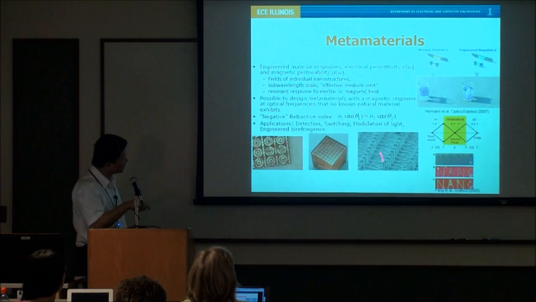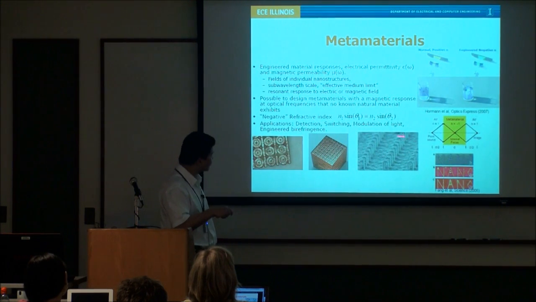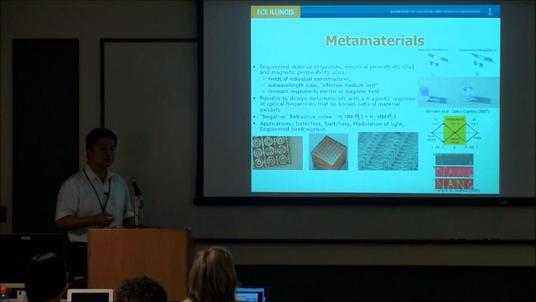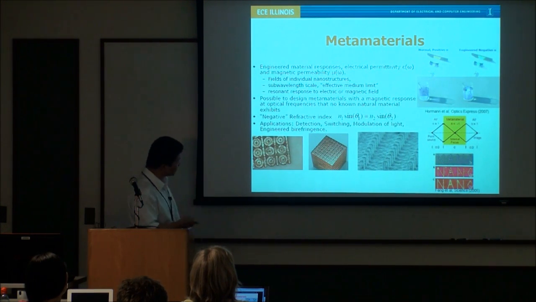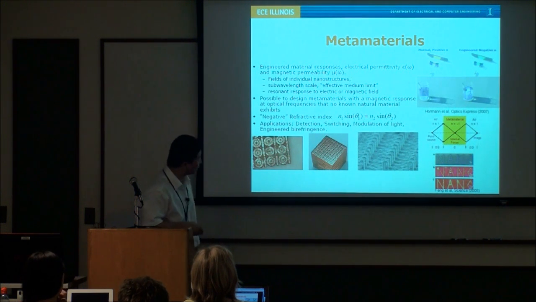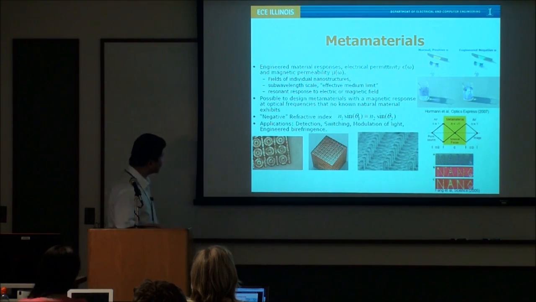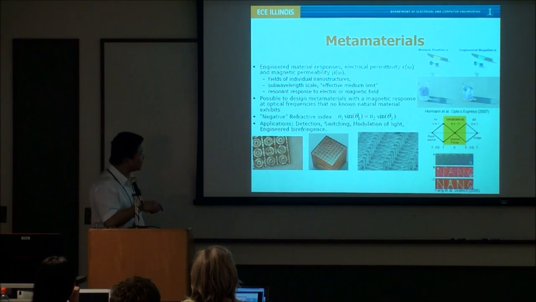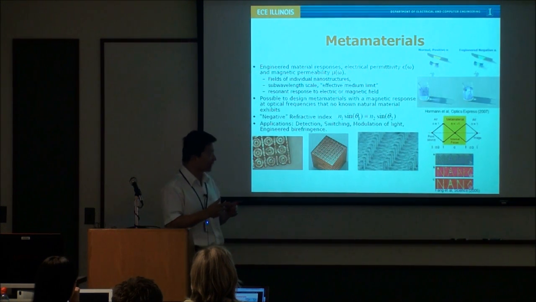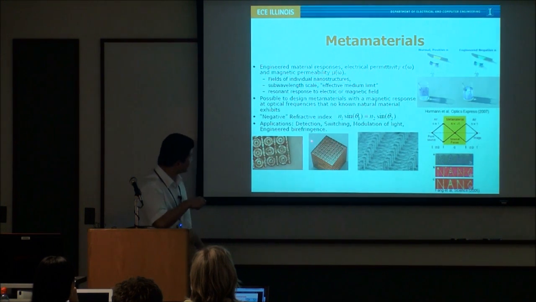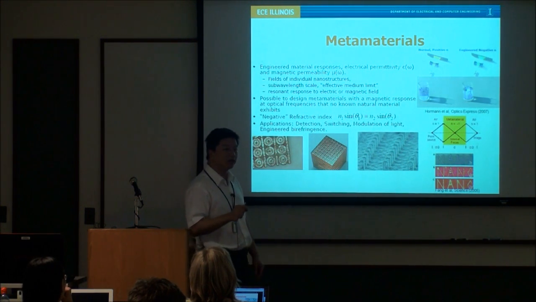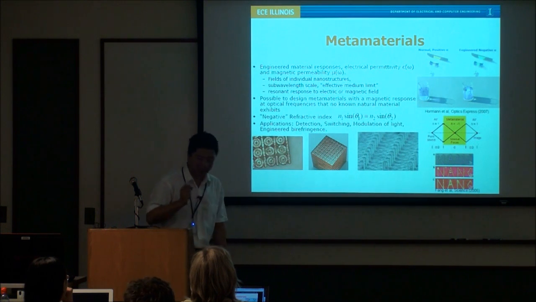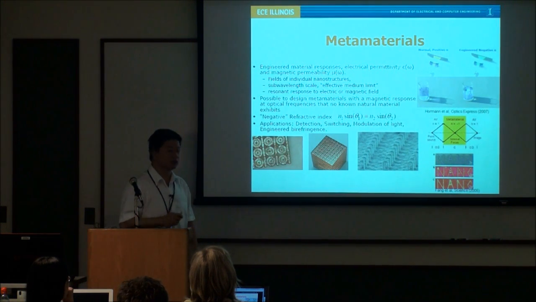Here is an example of a metamaterial people have created using a combination of a metal and a dielectric material. I believe those are copper ring arrays made into a three-dimensional plastic scaffold. So this is a three-dimensional metamaterial, and this one is two-dimensional. These two materials have a negative refractive index, in this case in the microwave frequency region.